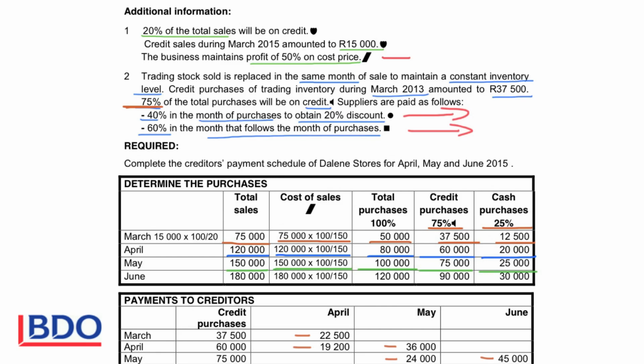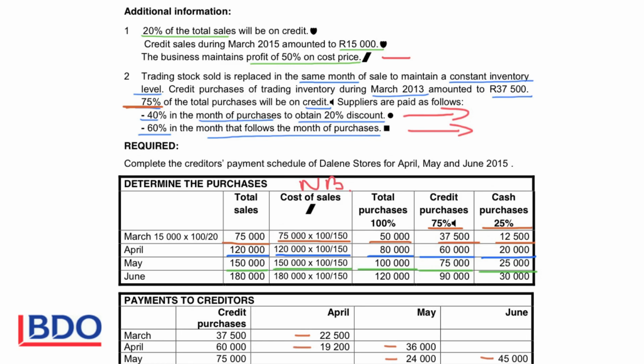So it's very important to determine, first of all, whether they give you the total purchases. If they don't give you the purchases, it means that you will have to use the profit percentage to calculate what is the total purchases. So this is very important if the purchase figure is not given so that you can determine the total purchases.